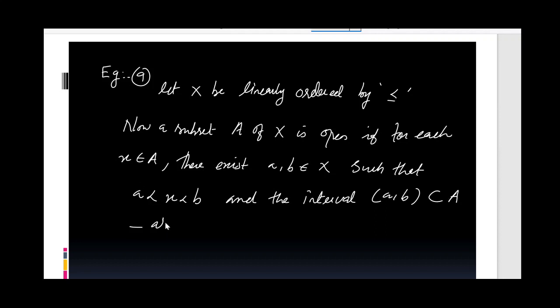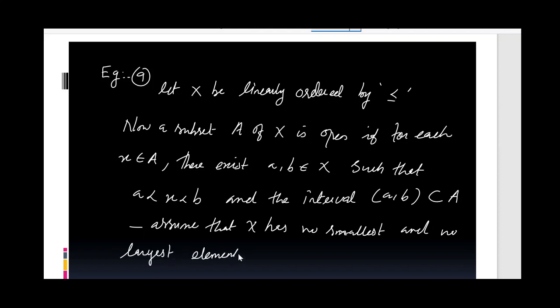For this, assume that X has no smallest and no largest element. X is linearly ordered by the order relation less than or equal to.